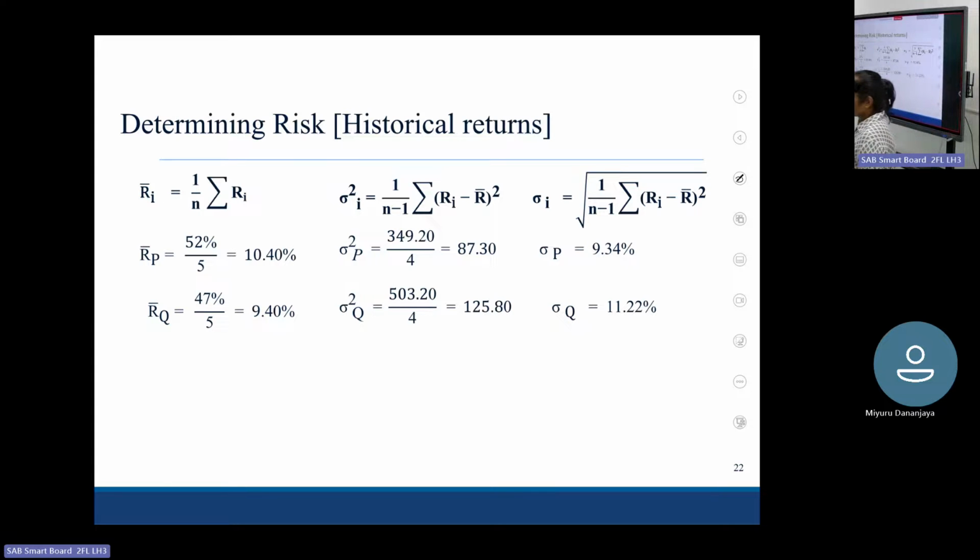Now calculate the coefficient of variation. Coefficient of variation is the risk per unit of return: standard deviation divided by average return.